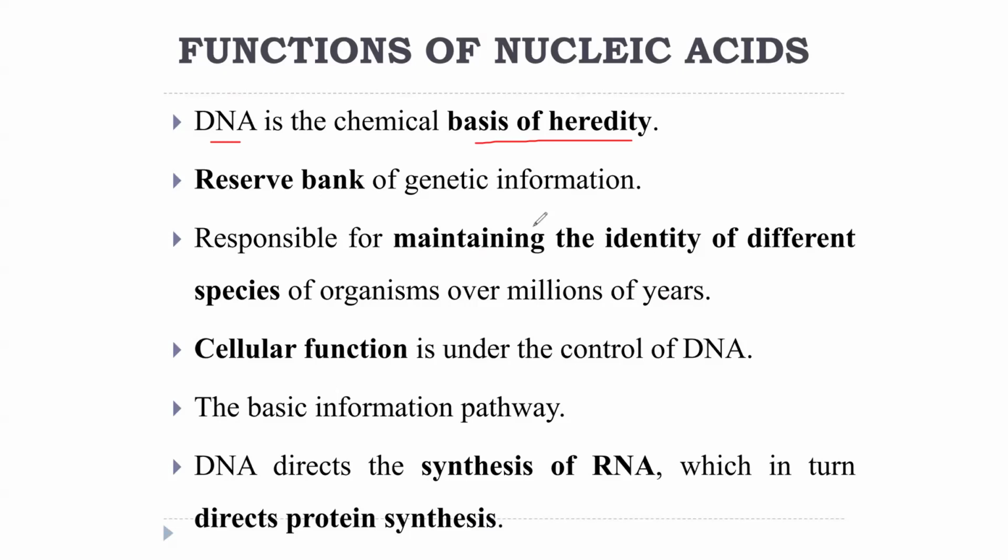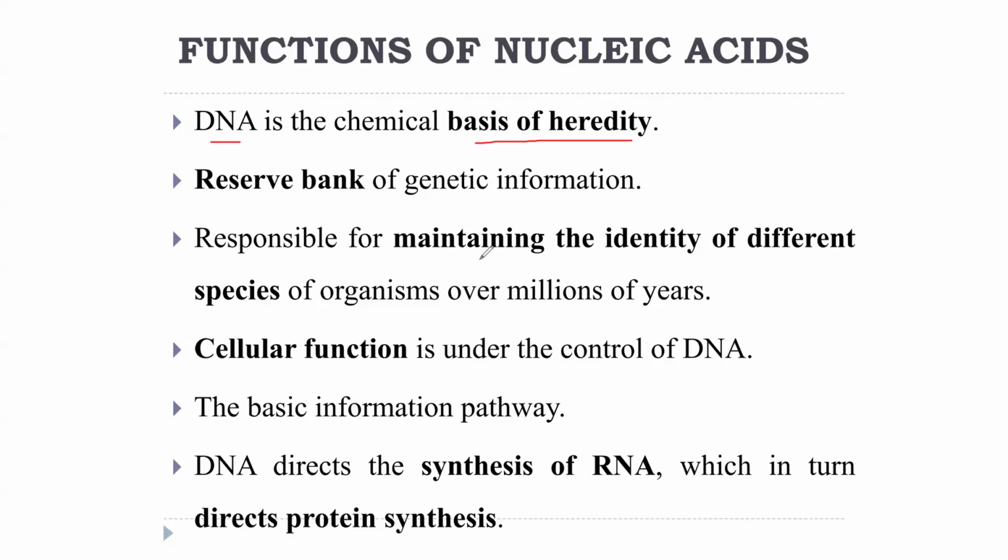So all the genetic information that we are talking about is reserved in the nucleic acid, and it's responsible for maintaining the identity of different species of organisms over millions of years. For example, the first living organism that existed on Earth is the prokaryotic cell, which is bacteria, about 3.9 billion years ago.